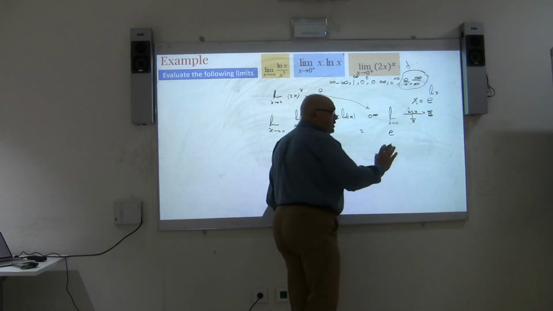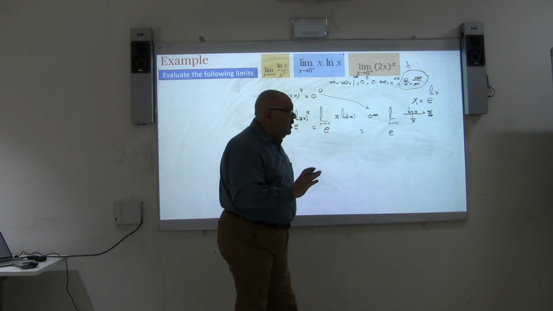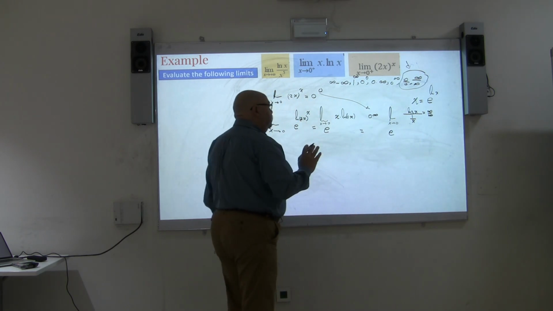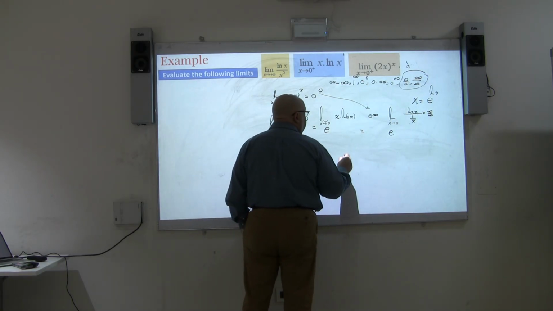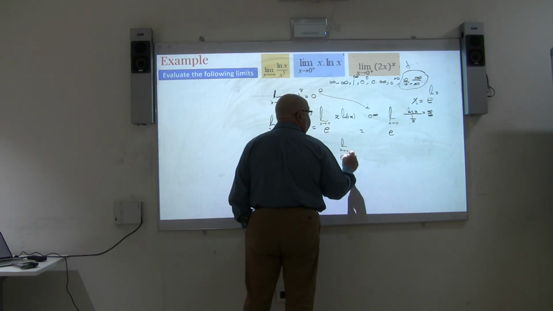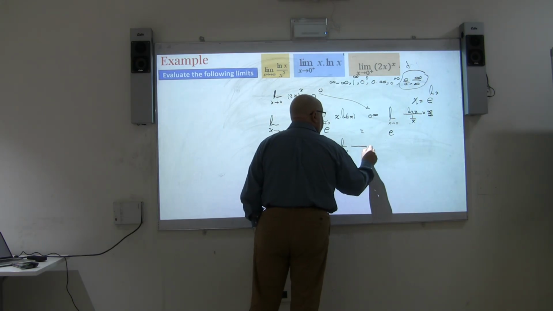And in that case, I will try to use Cauchy once more. So the limit will be e to the power of limit x tends to 0. Differentiating the numerator, you will have 2 over 2x. Differentiating the denominator is going to be negative 1 over x to the power of 2.